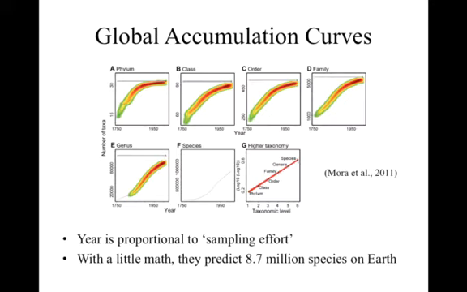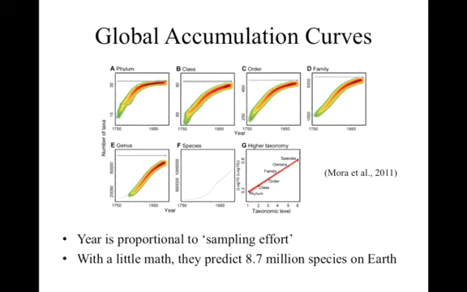All right, so we can do that with individual communities. We can also do this sort of accumulation curve across the whole entire globe. And there's a little bit of shadiness with this kind of approach because we obviously have not sampled the entire globe.